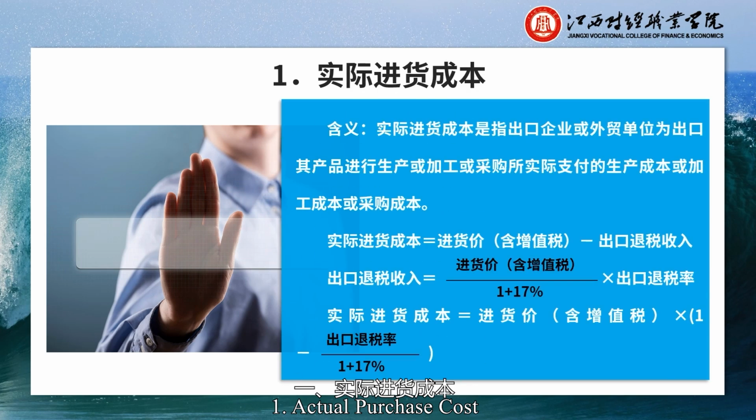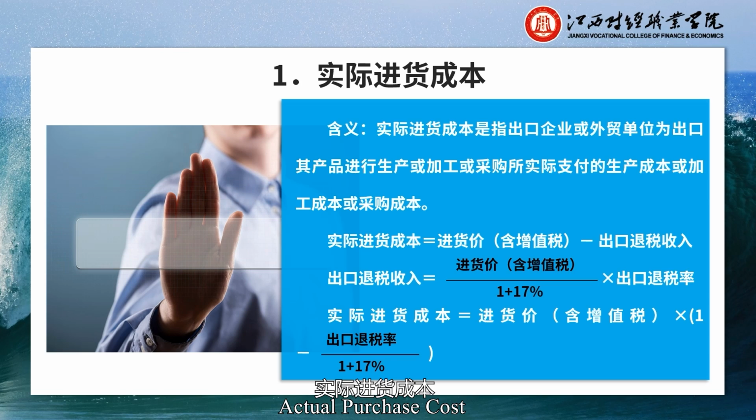First, actual purchase cost refers to the export enterprise or foreign trade unit producing, processing, or purchasing its products for export, which is the actual production cost, processing cost, or procurement cost paid.